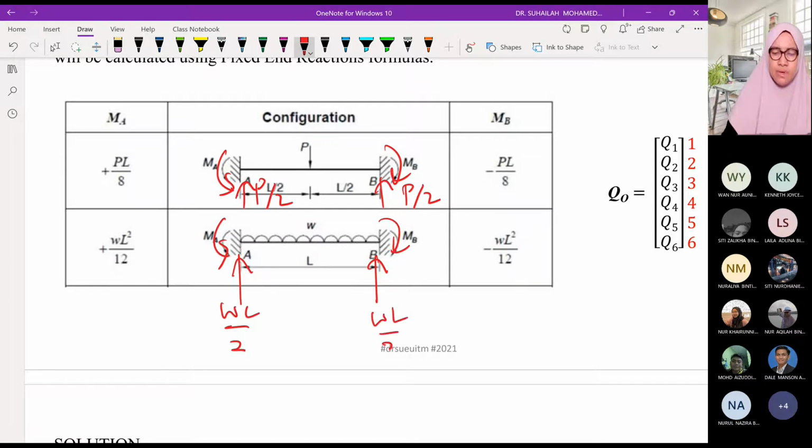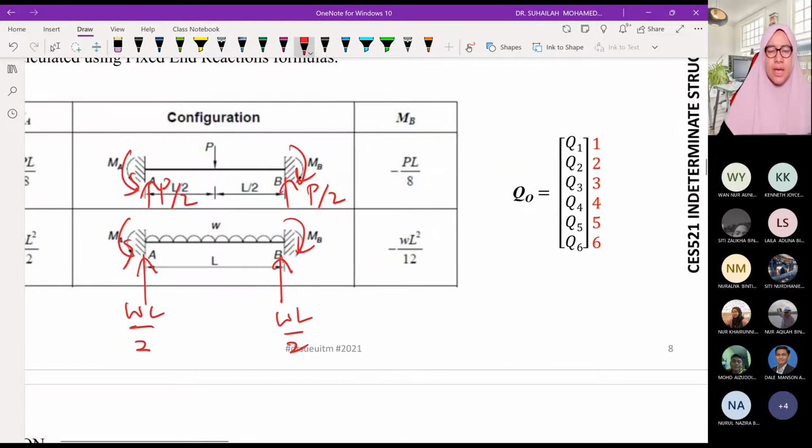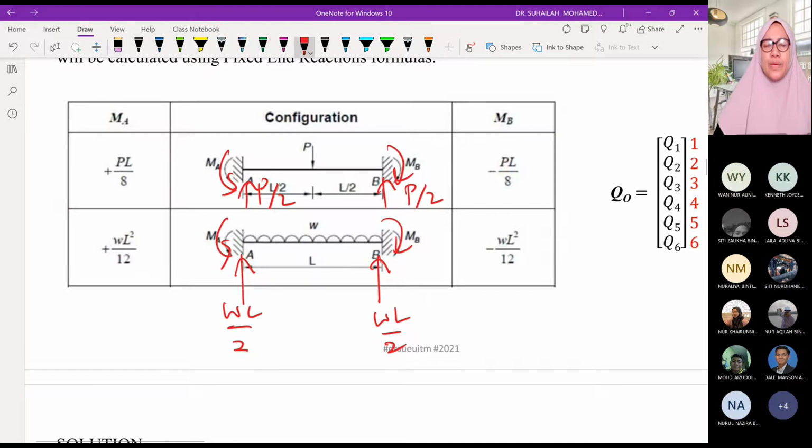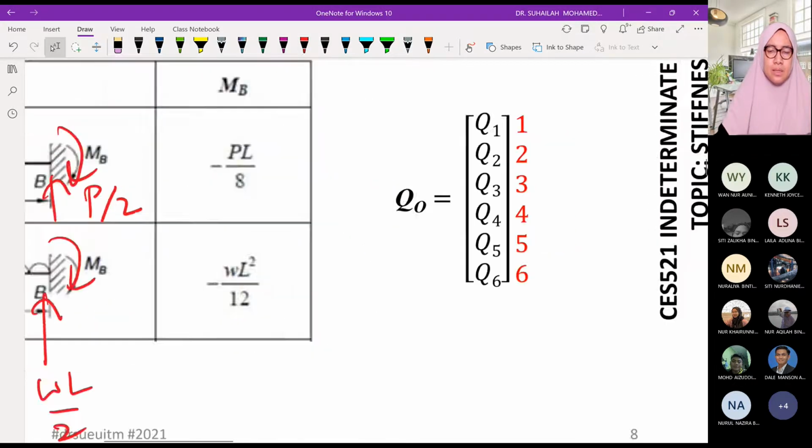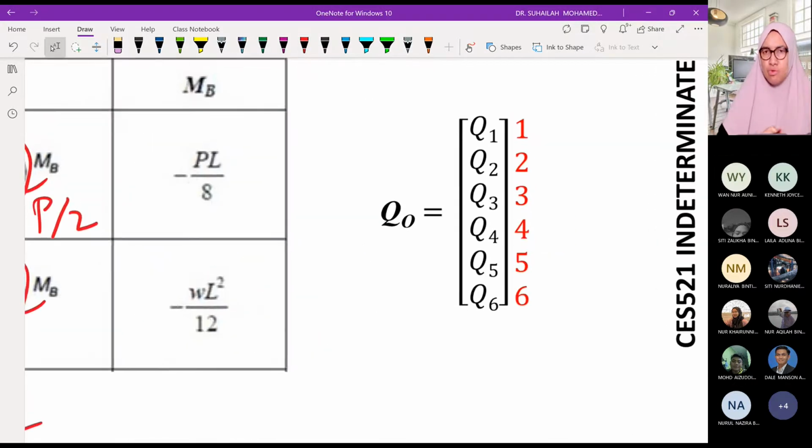And we will establish Q0 in 6 positions like this, from 1 to 6. So we will find the value from position number 1 to position number 6.